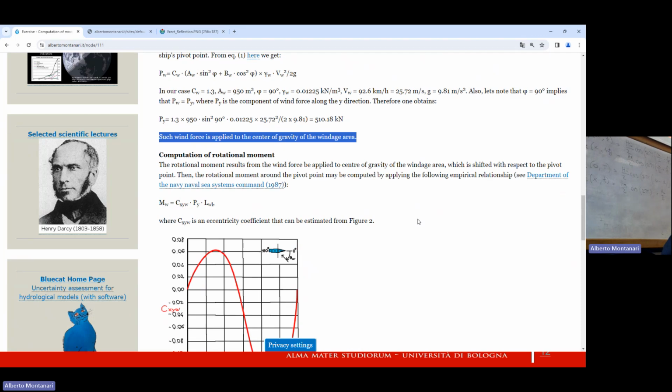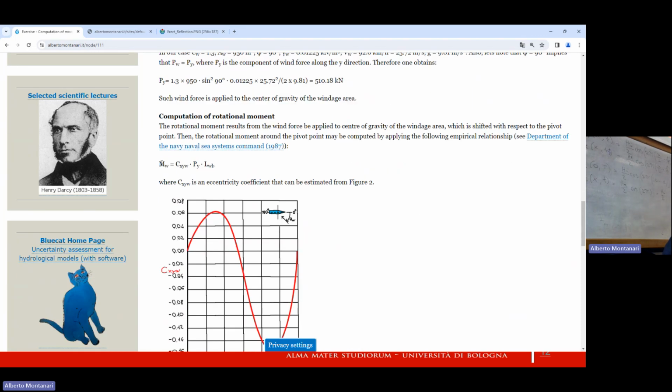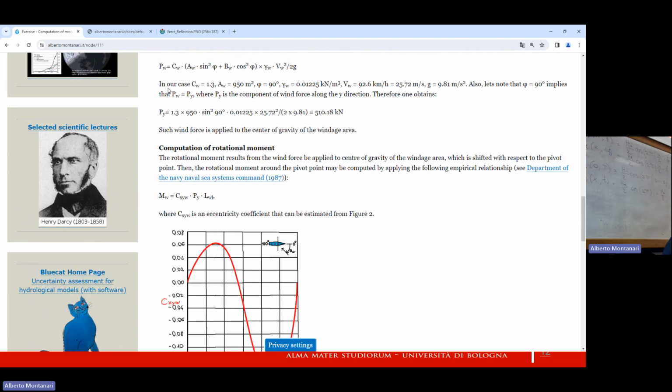First of all, we need to compute the rotational moment. The rotational moment is obtained in a very simple way. We take the wind force that we have computed and multiply it by the eccentricity. Eccentricity of what?